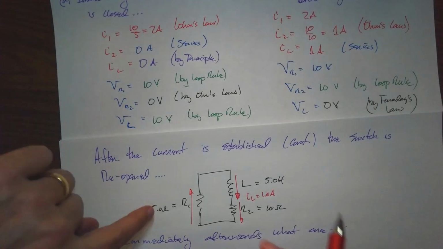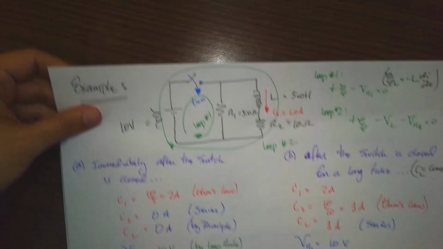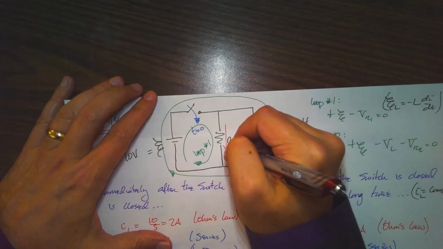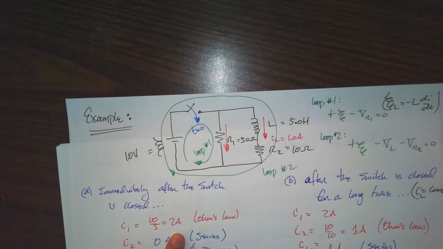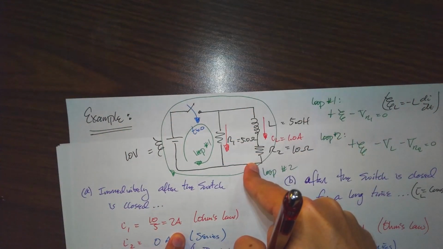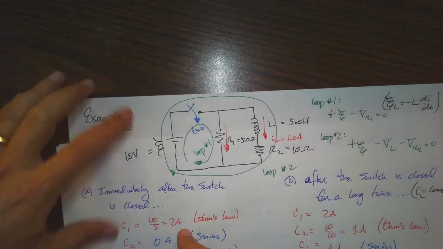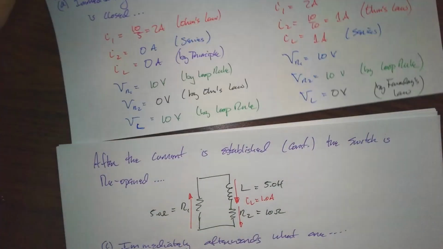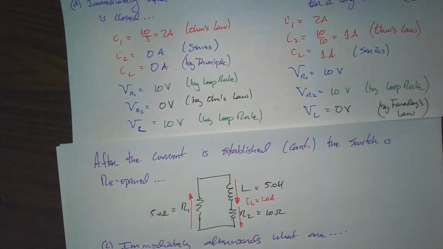Notice that when the switch was closed, the current in resistor 1 was what? 2 down. When you pop it open, it goes from 2 down to 1 up immediately. But that's okay. It's a resistor. Resistors can do that. Inductors cannot. Okay?